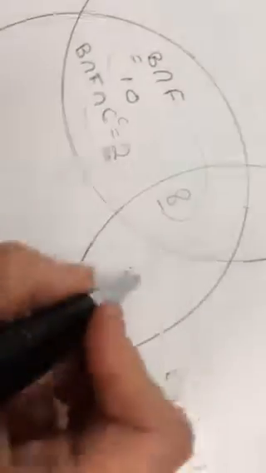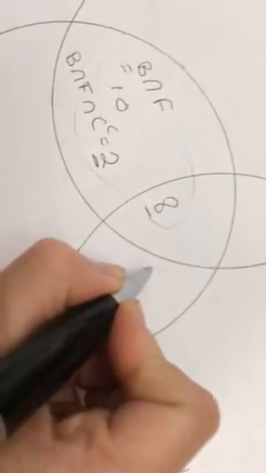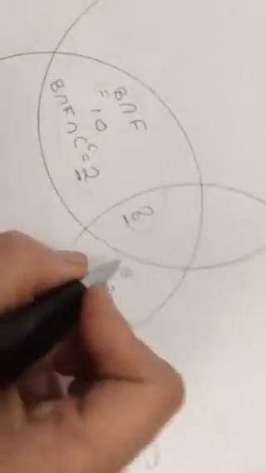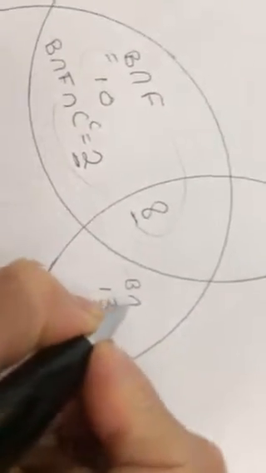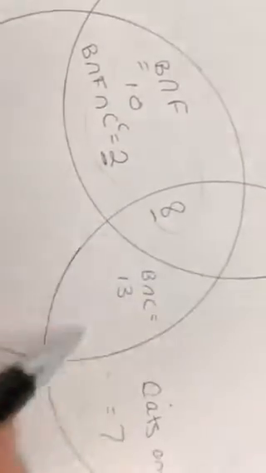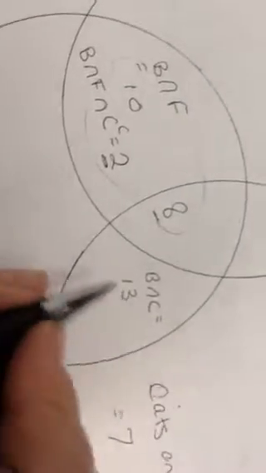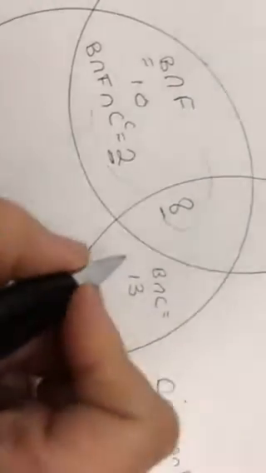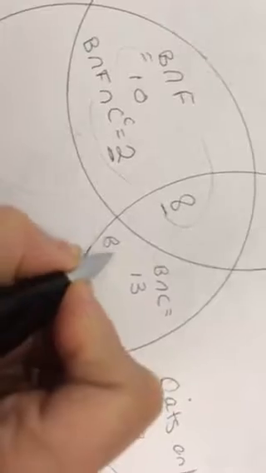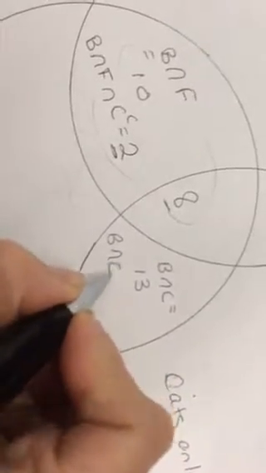And this is the section that has birds and cats. Birds intersecting with cats equals 13. That's this whole section right here. The smaller piece, this piece right here, which is birds and cats, but not fish.